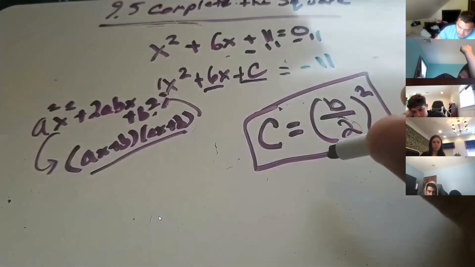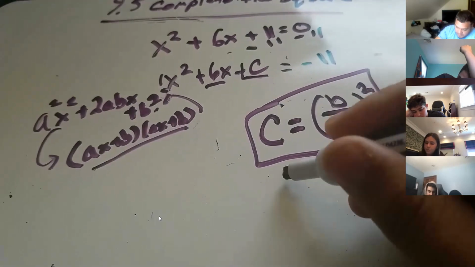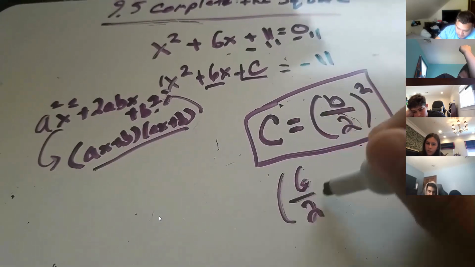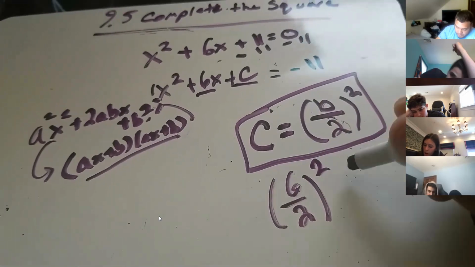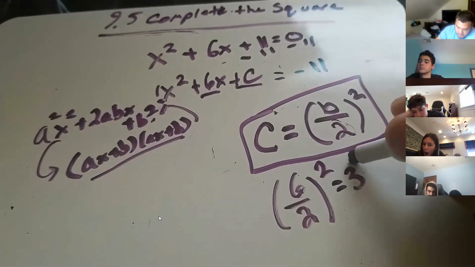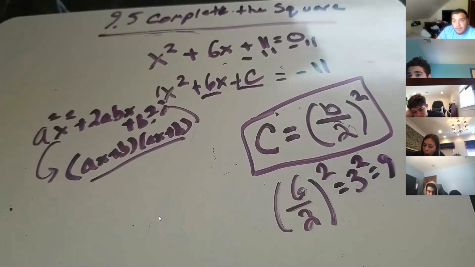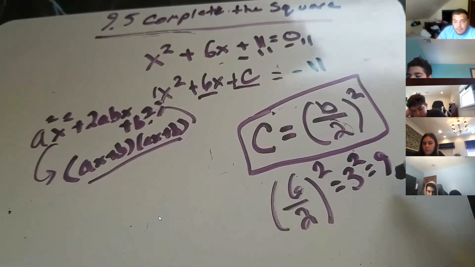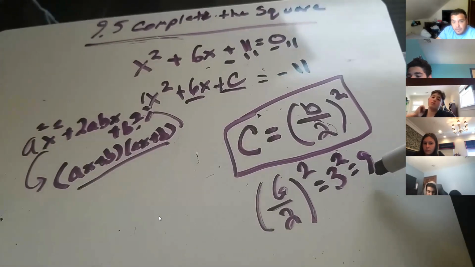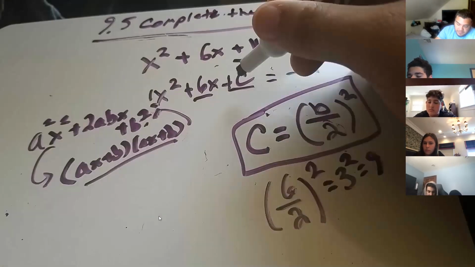I just said 6 was B, so it's going to be 6 divided by 2 squared. 6 divided by 2 is 3. 3 squared is 9. So this 9 right here is going to become my C.